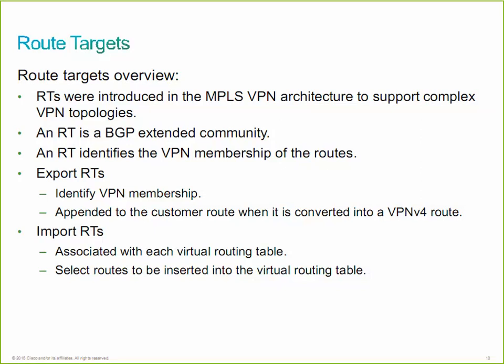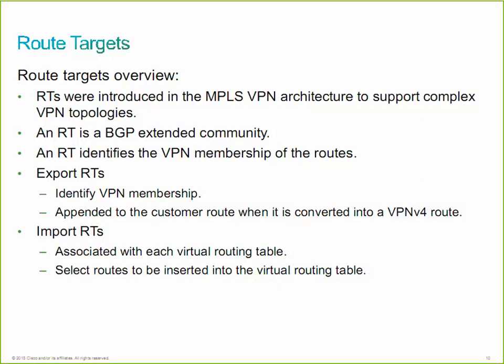Each virtual routing table in our PE router can have a whole bunch of configured import RTs. It's just, again, a matter of what I want that site or that customer to be able to access. All right?